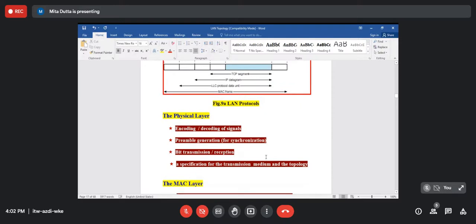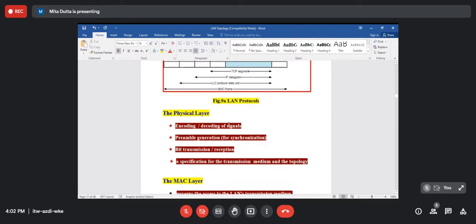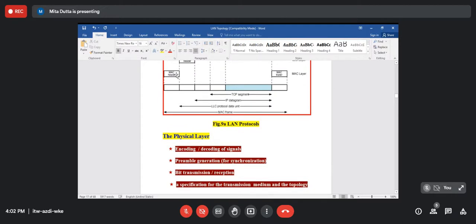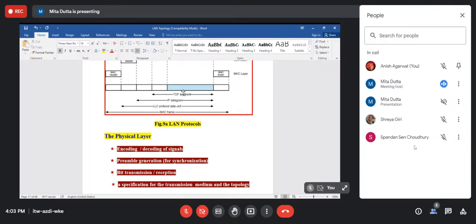Now the physical layer does encoding and decoding of signals. When the signal data, 1s and 0s, comes to the physical layer, we cannot send 1 and 0 directly through the transmission medium. So at the sending end, we have to encode the signal. Similarly, the receiving end computer will have to decode that electrical signal into digital data form.